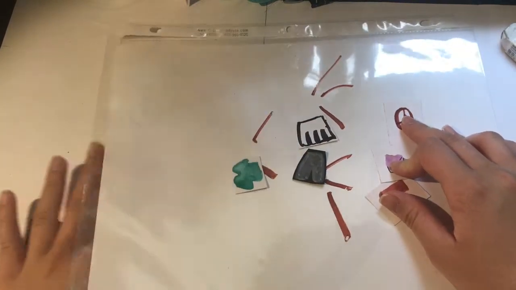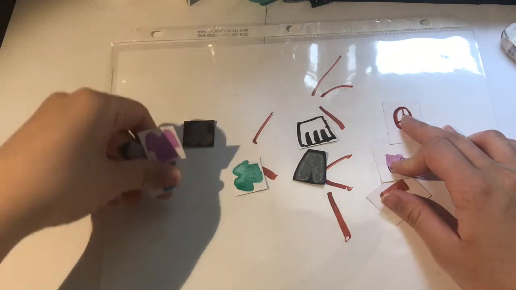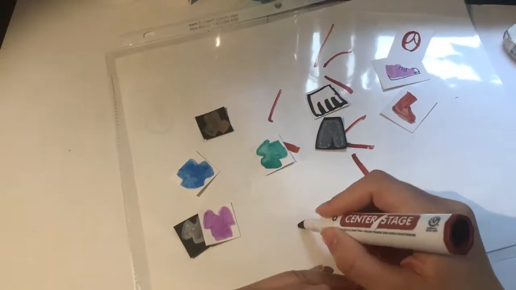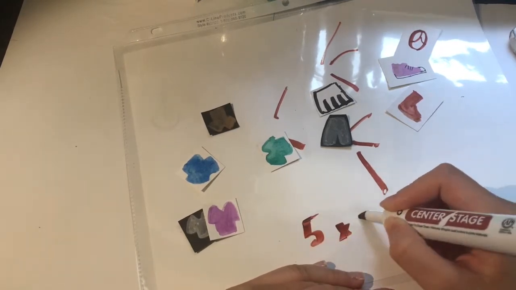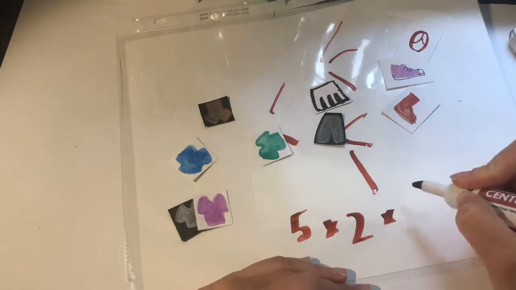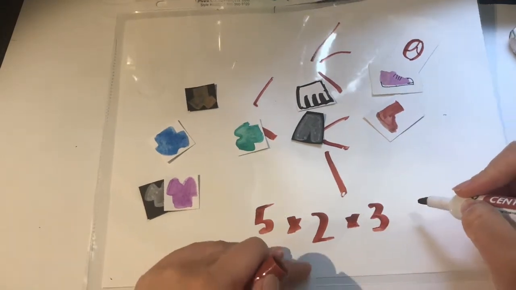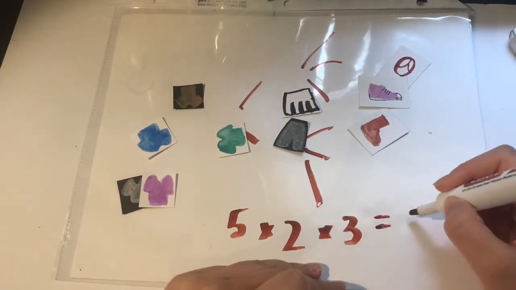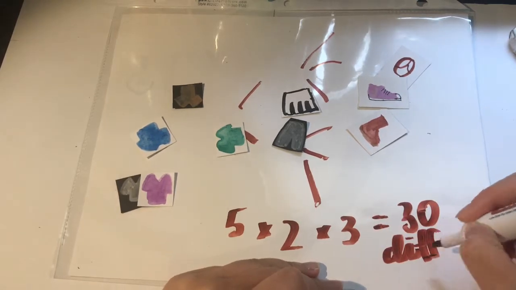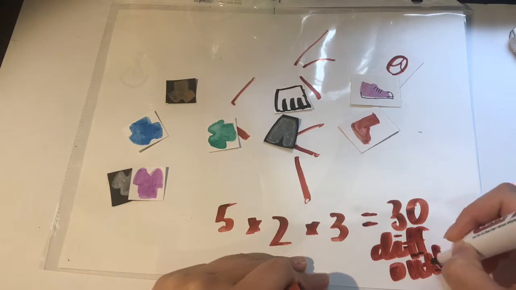Doing so would give 5 options for shirt, 2 different options between skirt and pants, and 3 different options for shoes, which would give us 30 different outfit combinations.